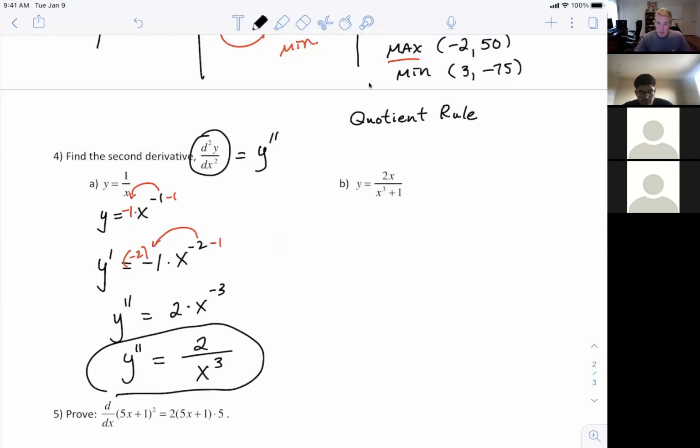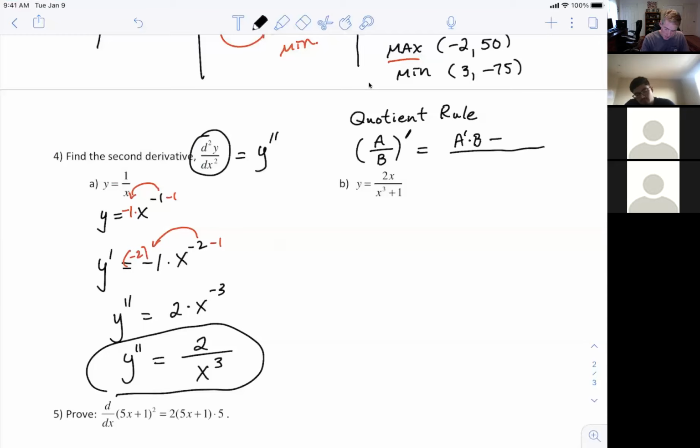Now for part B, we're going to need to use the quotient rule. And the quotient rule goes like this. If you're dividing two things, like the 2x and the x cubed plus 1, and you're supposed to take the derivative of all that, well, you start on the top. You take the derivative of the top one, and then leave the bottom one alone. Just copy it down and multiply.